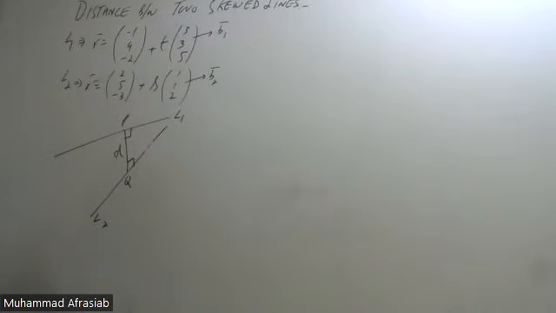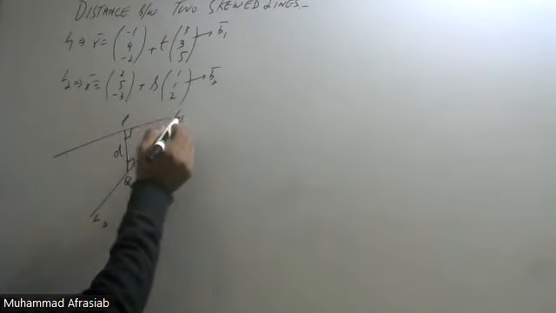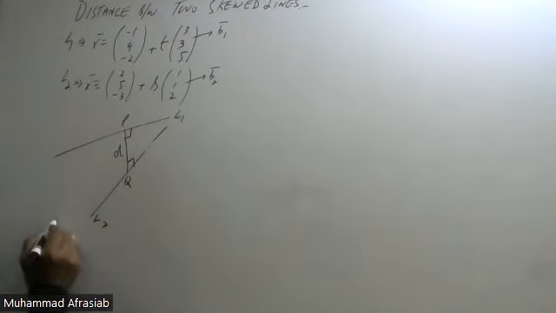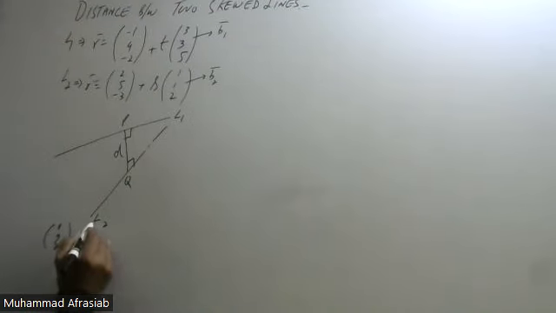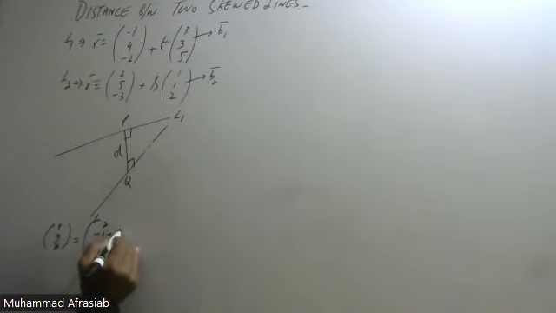First of all, P lies on the line L1, so it has coordinates (x, y, z) equal to (-1 plus 3t, 4 plus 3t, -2 plus 5t).